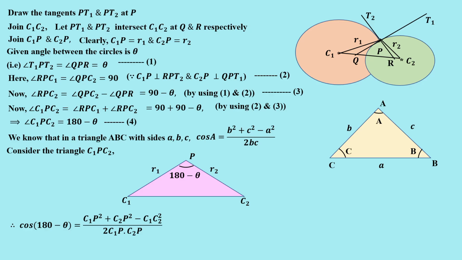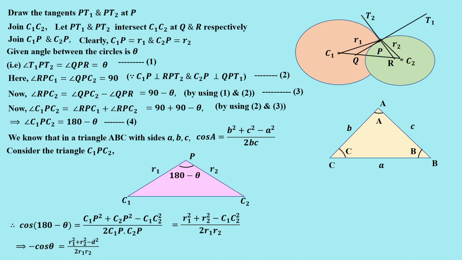So cos(180 minus theta) is equal to (C1P square plus C2P square minus C1C2 the whole square) divided by 2 C1P into C2P. That is (R1 square plus R2 square minus C1C2 the whole square) by 2 R1 R2. But C1C2, the distance, we already know, that is given as small d.